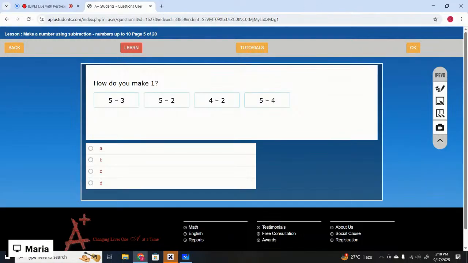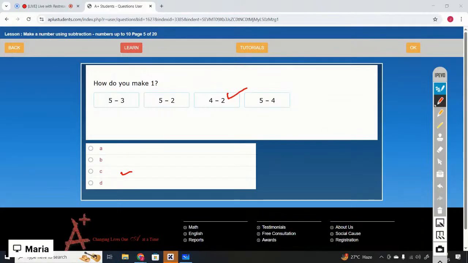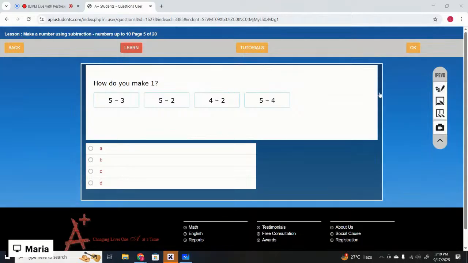How do you make 1? Option C is the correct option. 4 take away 2 is 2.